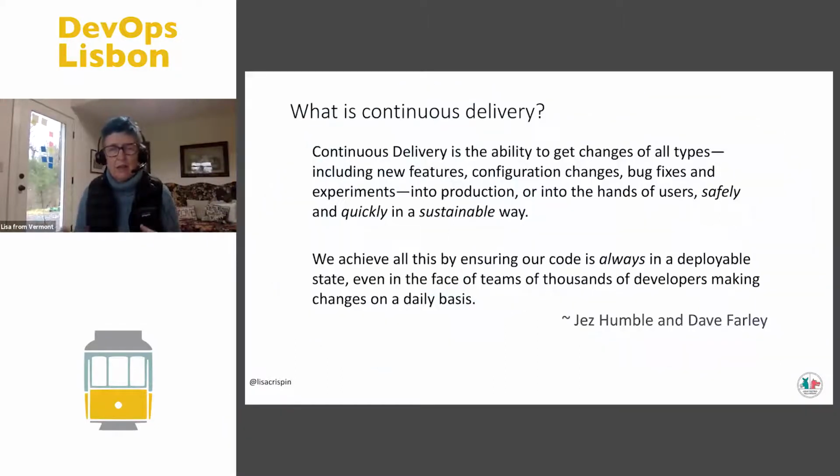Let's talk briefly again about continuous delivery. I like this definition from Jez Humble and David Farley's book, Continuous Delivery, one of my go-to books still. It's all about teams producing software in short cycles, making changes that they can get out frequently. They can release the software at any time. In continuous delivery, we make a human decision about when we're going to actually deploy.